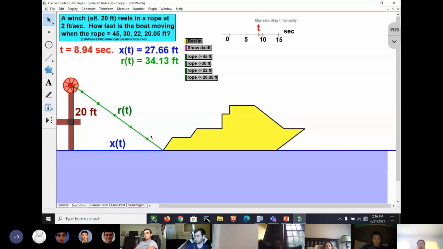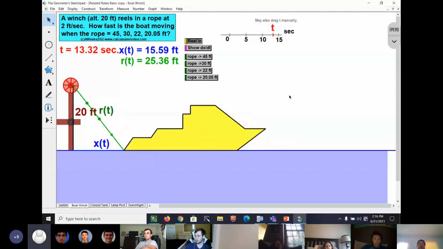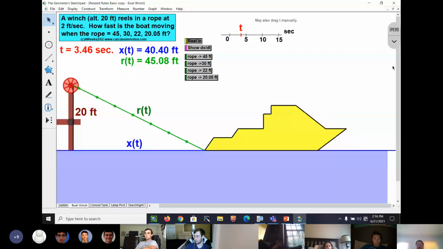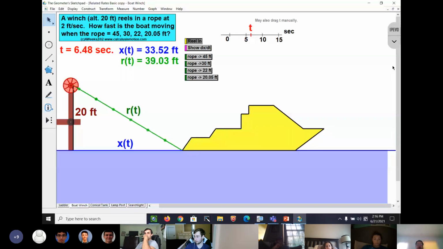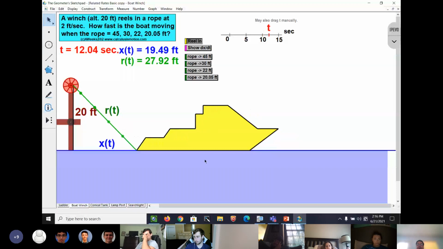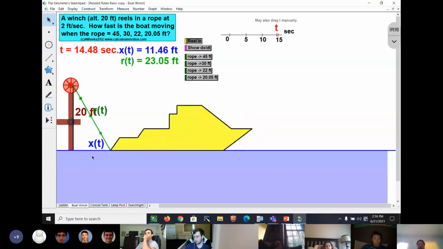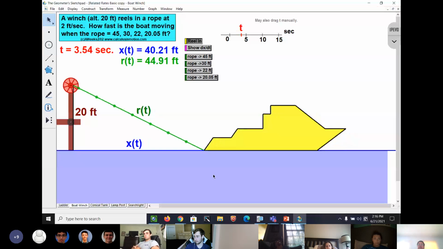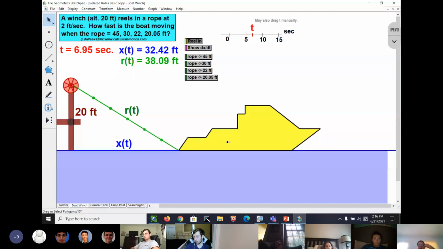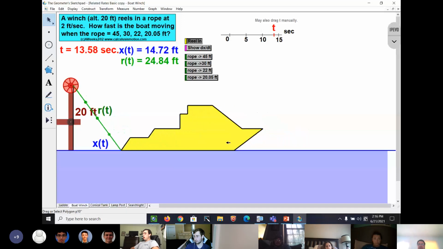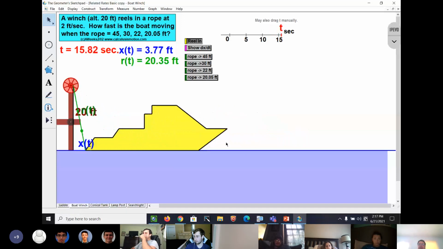What's the angle doing? It's increasing. Now you could look at it as angle. But X is, as the distance from the boat to the dock decreases, the angle of the rope increases. Again, that's a related what? A related rate. Capiche?